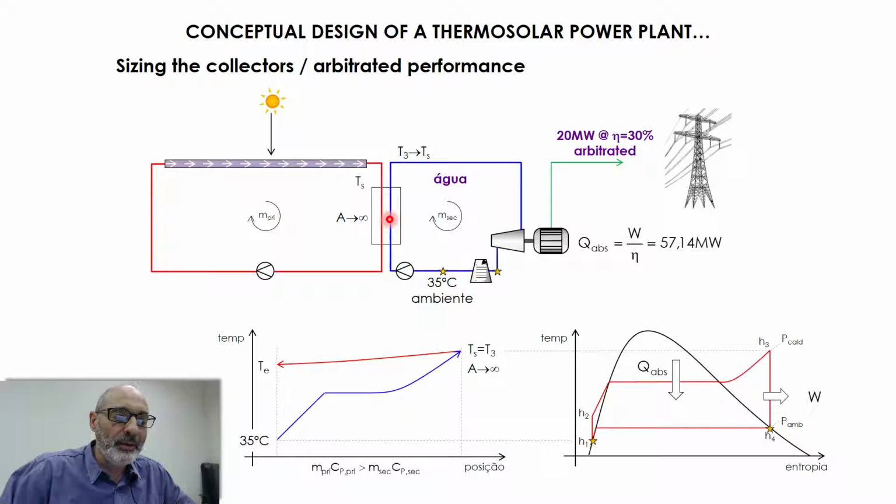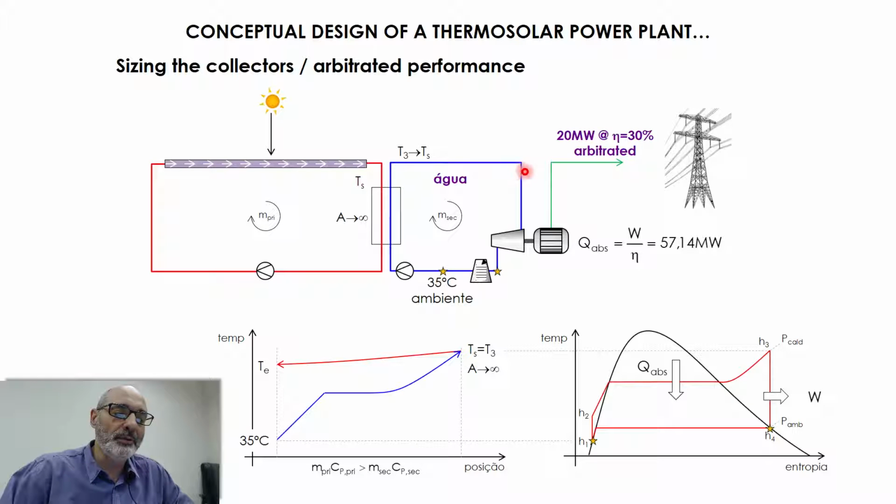is being supplied here by the primary, and it's related to the absorption here at the collectors. Another parameter that I'm fixing is the working fluid. We're going to work with water, as I mentioned.